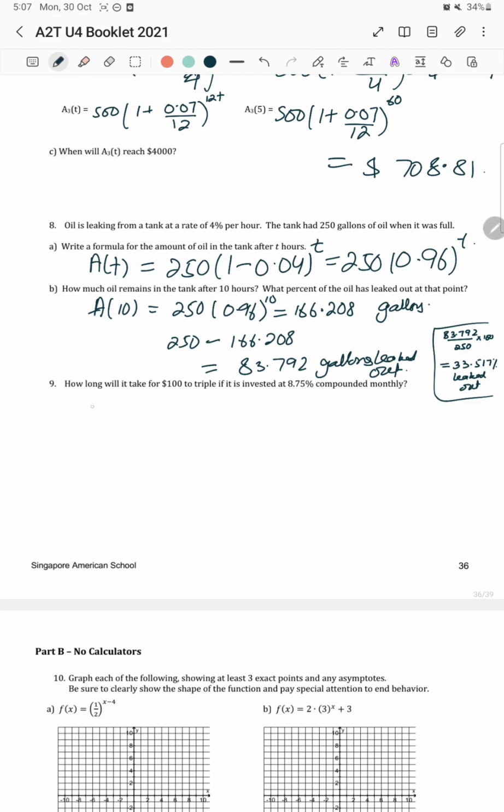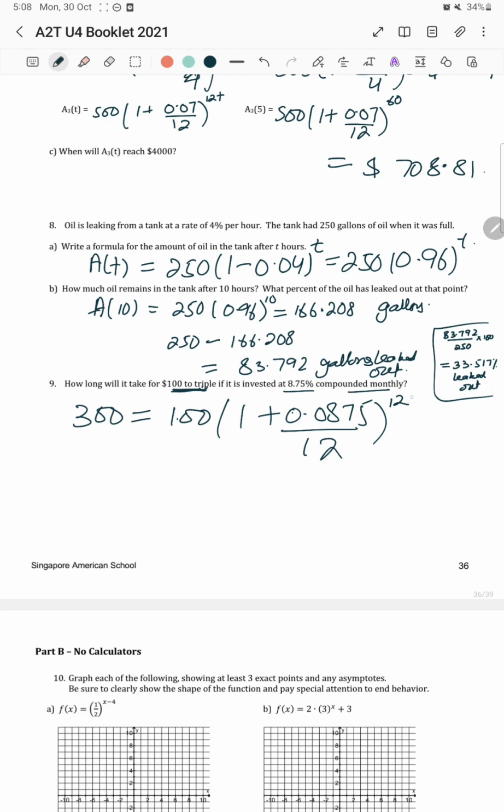So here we have to triple $100. $100 to triple means 100 times 3 is 300, which is equal to 100 times (1 plus 0.0875 divided by 12) to the power 12t, since it is compounded monthly.